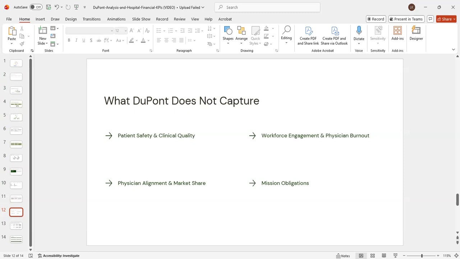For instance, if you consider patient safety and clinical quality, if the hospital ends up with healthcare associated infections, medication errors, and other kinds of adverse events, all of this has significant financial consequences for the facility.